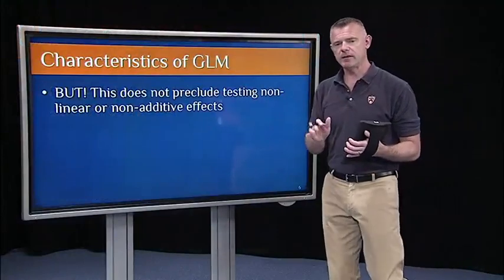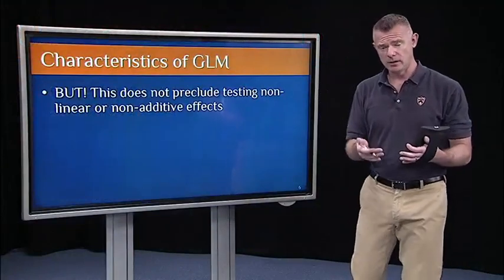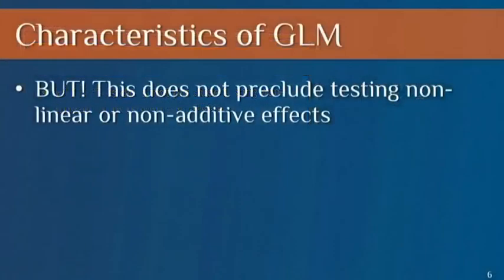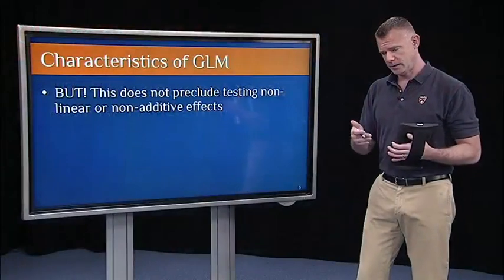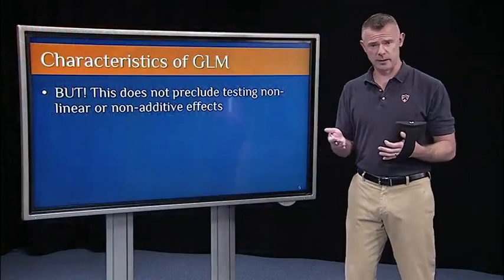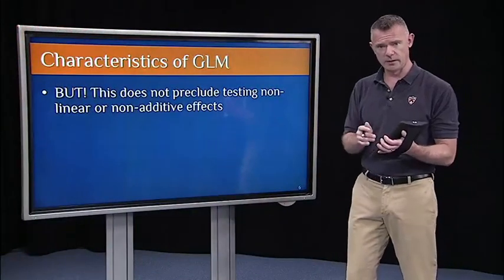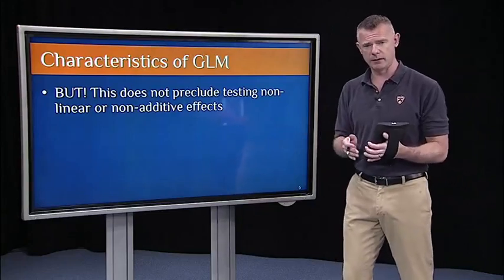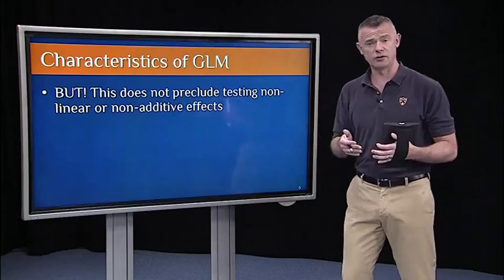But that doesn't mean that the GLM can't handle non-additive or non-linear effects. We can sort of trick the GLM to test those kinds of effects for us. And that's what we're going to do next week when we do moderation, for example. We'll trick the GLM into testing for a non-additive effect or a moderating effect, or in ANOVA we'll call that an interaction.